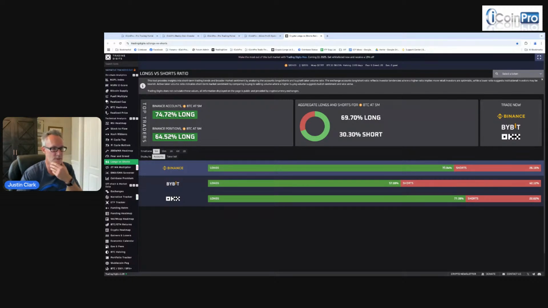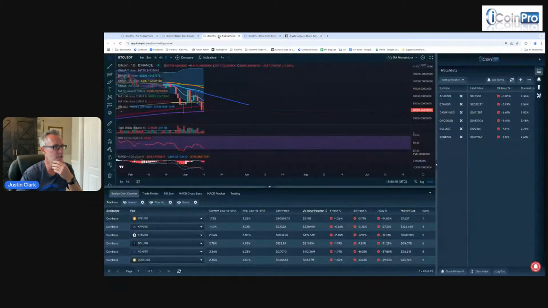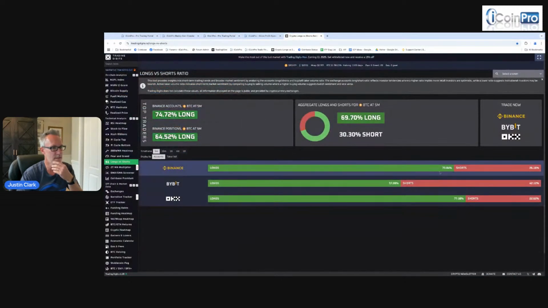So if Bitcoin starts to move down slightly and keeps slipping lower and lower, at some point these people start to get liquidated, and they can get liquidated en masse, which means they blow out their accounts. If you've ever heard of people blowing out accounts, it's because of leverage trading, options, stuff like that.